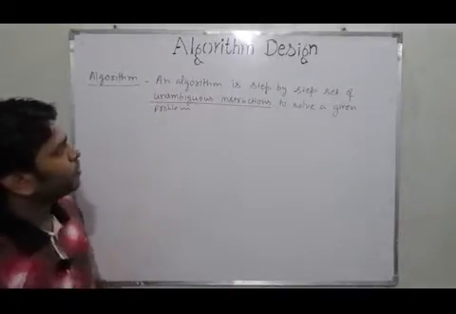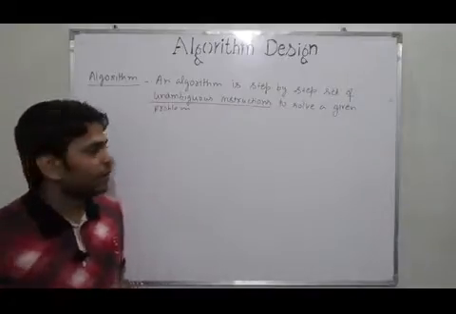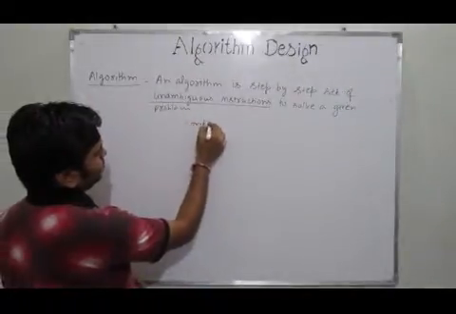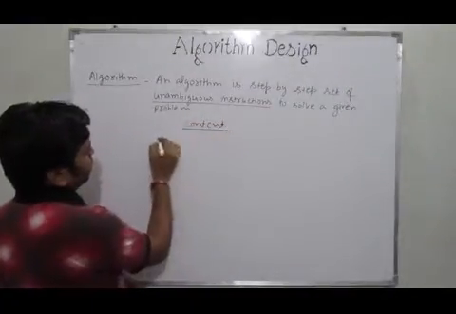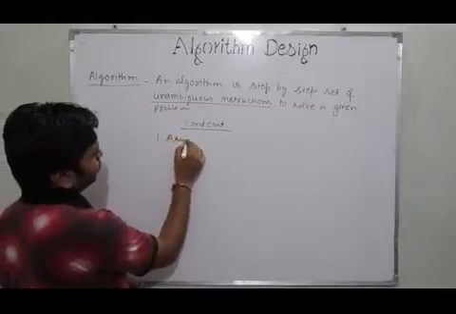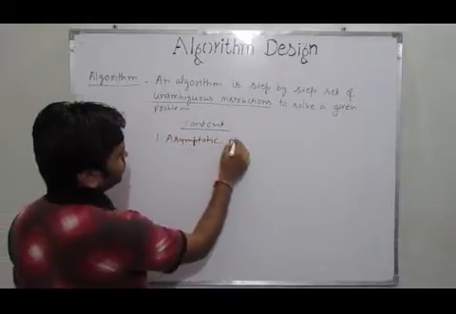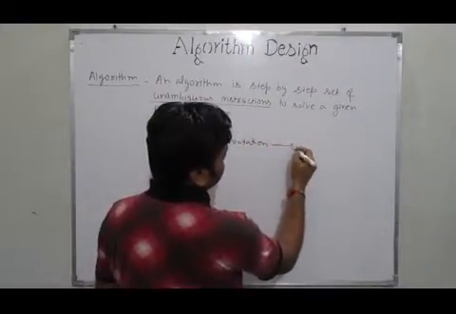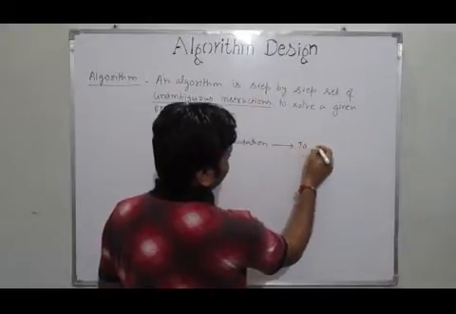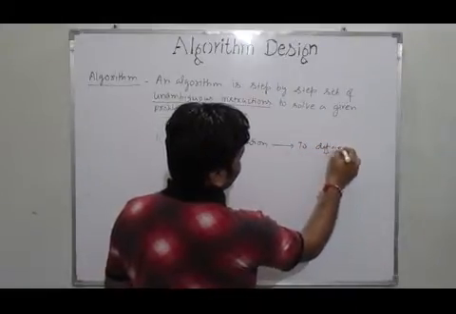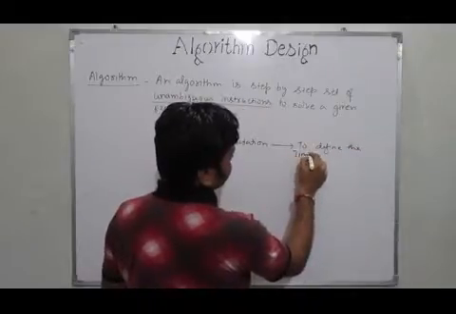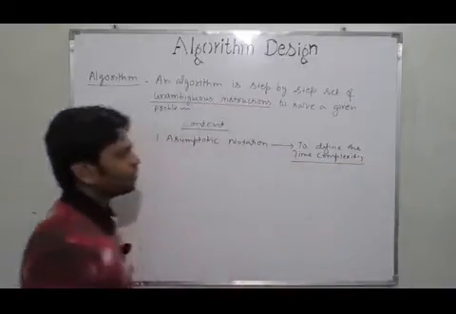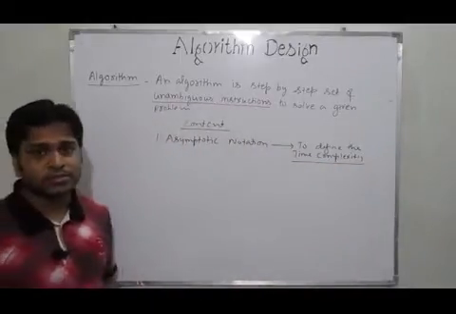So in this journey of the study of the algorithm design subject, the contents that we have to study are: first, we have to study asymptotic notation, and with the help of asymptotic notation we would be able to define the time complexity, that is, how much time is going to be taken by a given algorithm to solve a given problem on the system, fine.